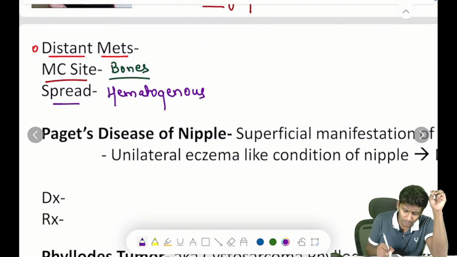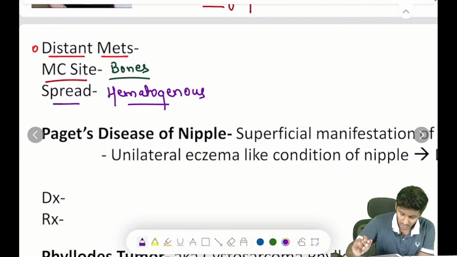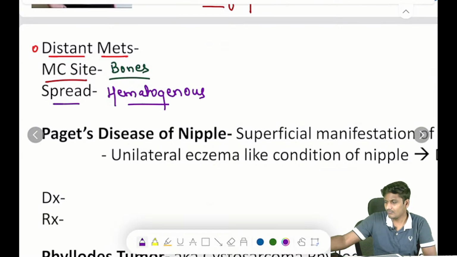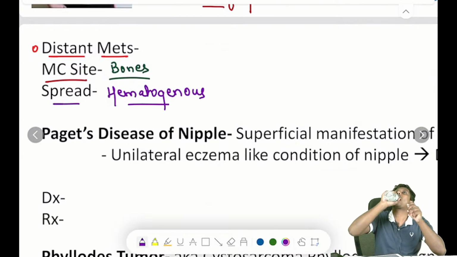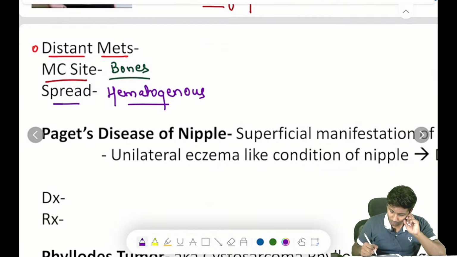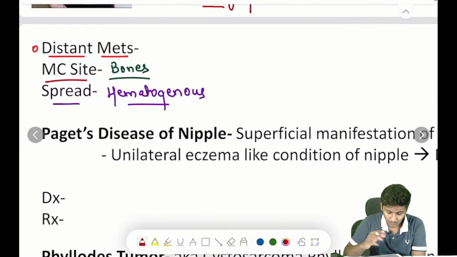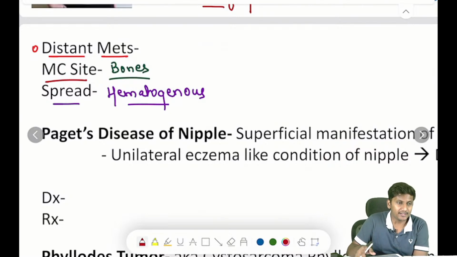It cannot spread to the bones via lymphatic route. It spreads to the bone definitely via the hematogenous route.